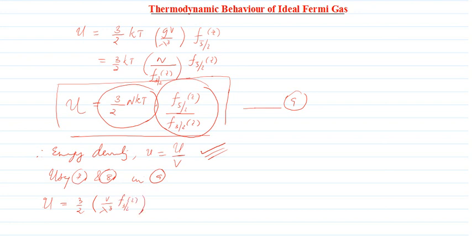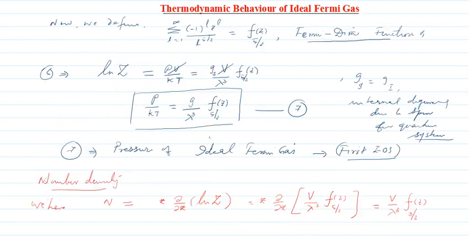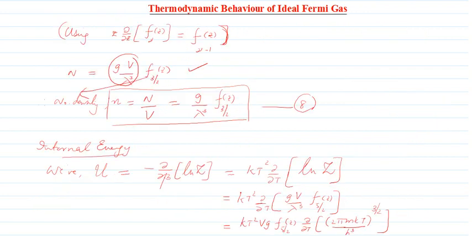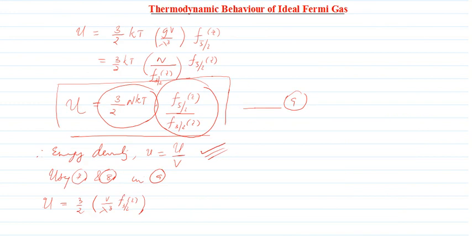That was from equation number 7, where you have P/kT equal to g/λ³ f_{5/2}(z). So I'm substituting here also, that is equal to V/λ³.